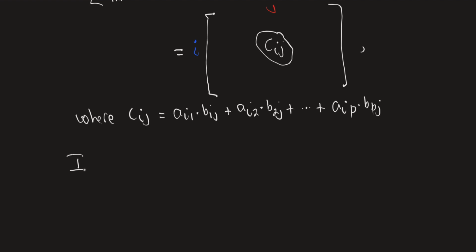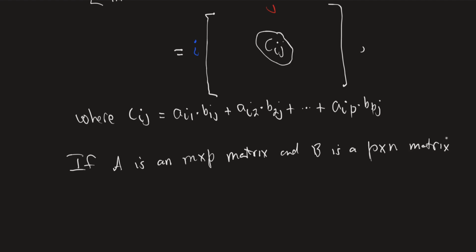So if A is an M by P matrix, and B is a P by N matrix, the product of A and B, and how do we write it?